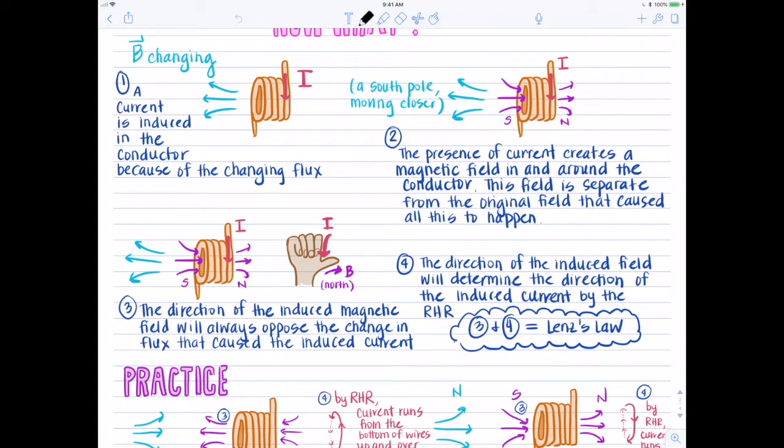In image number 2, we reiterate that the presence of current creates a magnetic field in and around the conductor, and that this field is separate from the original field that caused all of this to happen. So here we see an original field again in light blue, and I've indicated to you that this is a south pole that is moving closer to the conductor.